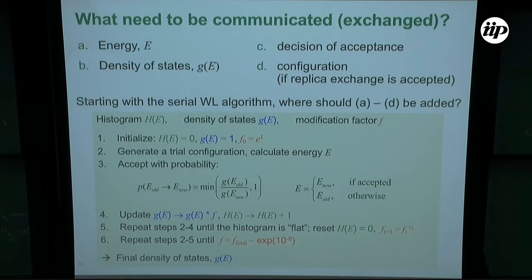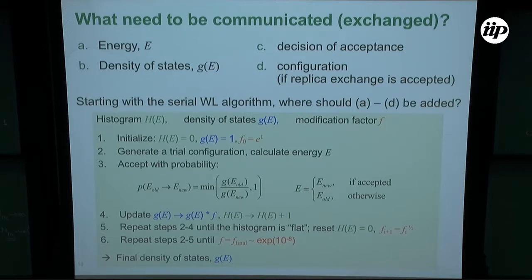So if you put this in our Wang-Landau sampling, as I said, we always start from the serial program. So here I don't have a program, of course, but you can think about this as a serial Wang-Landau procedure. And now we know if we want to do Replica-Exchange Wang-Landau, we need these four messages to be exchanged.